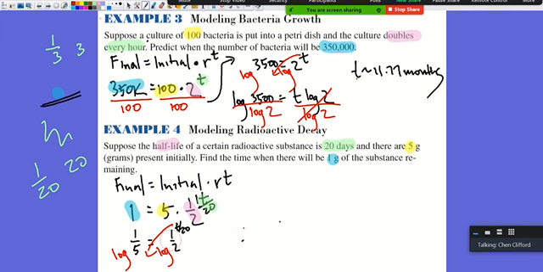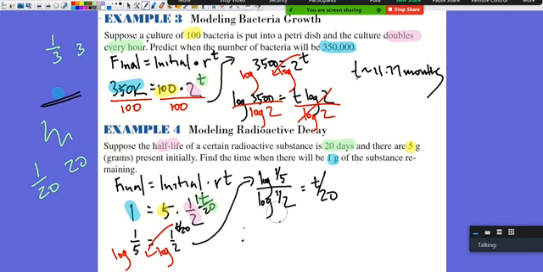Move that over, and you're essentially going to get log of 1/5 over log of 1/2 equals t over 20. Whatever you get on the left side, multiply by 20, and you basically get t.